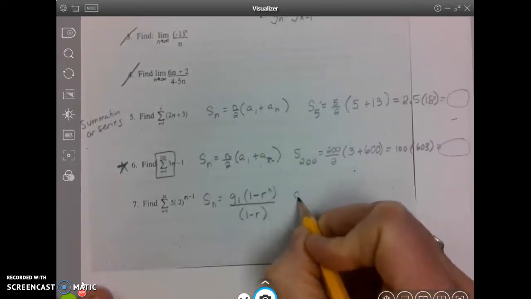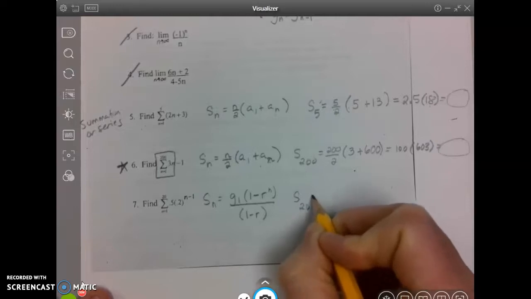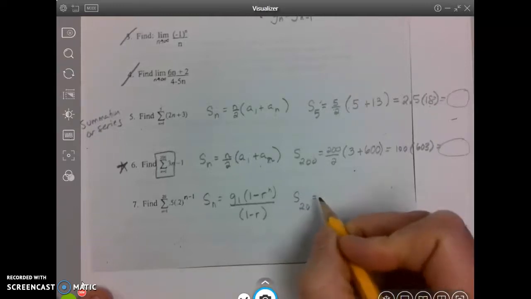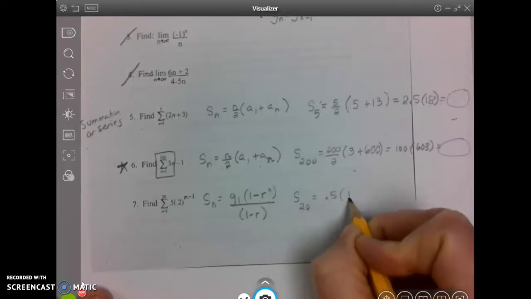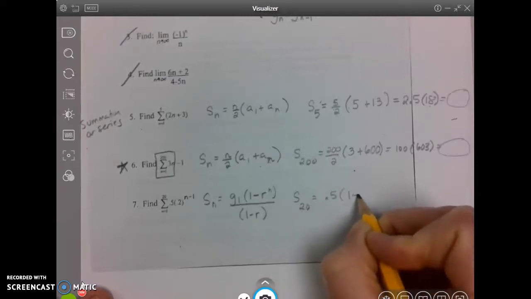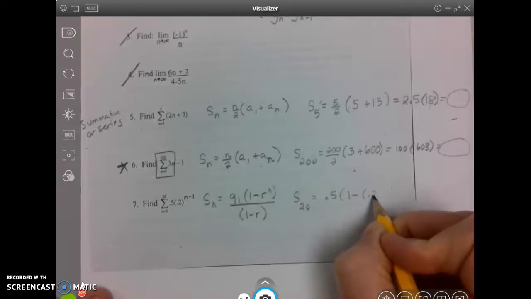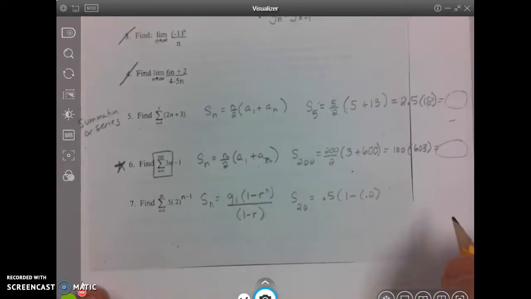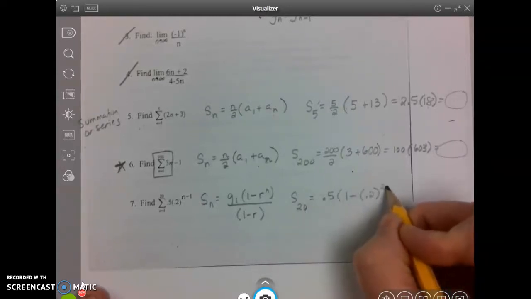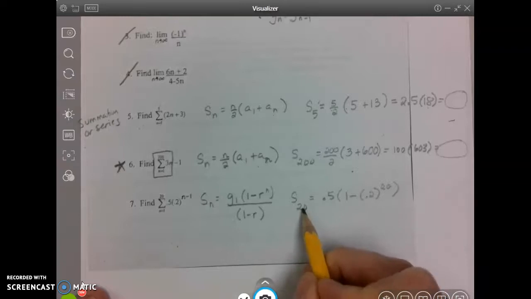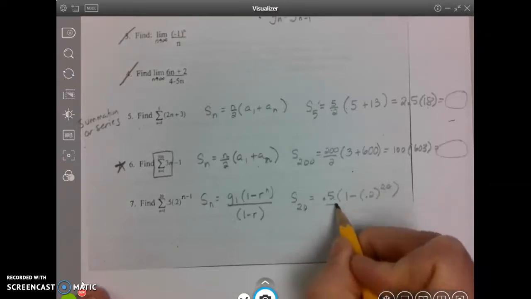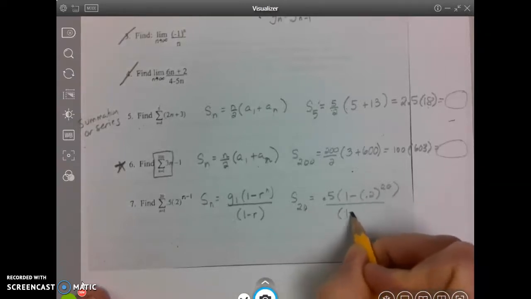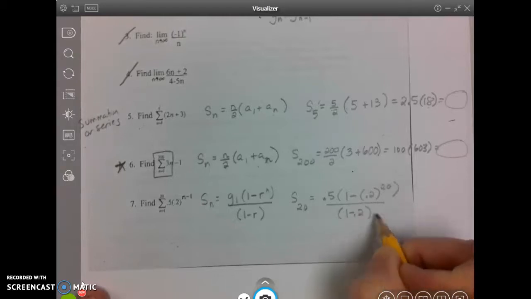So this is going to be S sub 20 equals, the first term is 0.5, 1 minus the constant ratio is 0.2. I always like to protect that constant ratio with parentheses, and that would be to the 20th power. Notice these always should match, all divided by 1 minus 0.2.